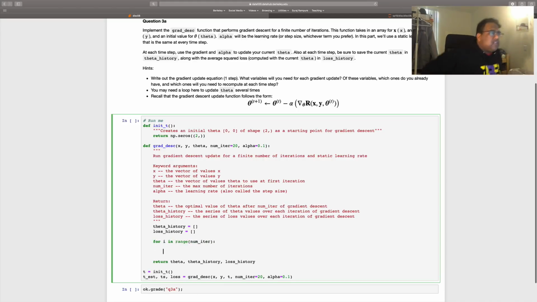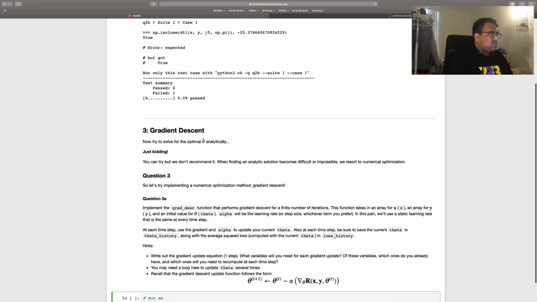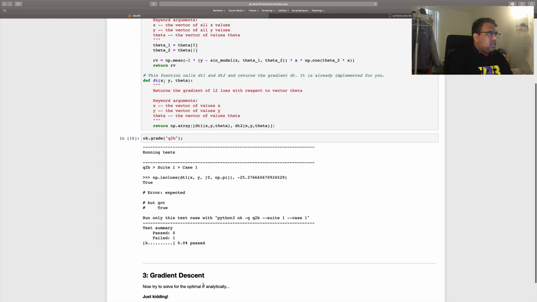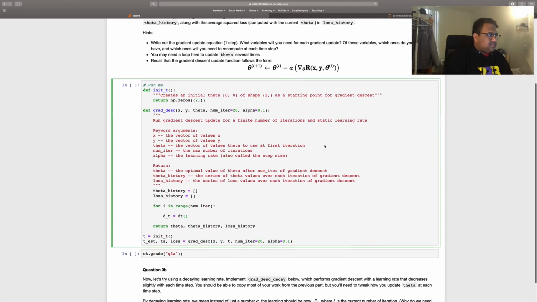And now the first thing we need is the gradient of theta at the previous time step, right? Remember, theta currently is set to theta t, and we're going to calculate theta t plus 1. So the derivative is just the function dt, which I believe is what it was called up here. Yep, x, y, and theta.